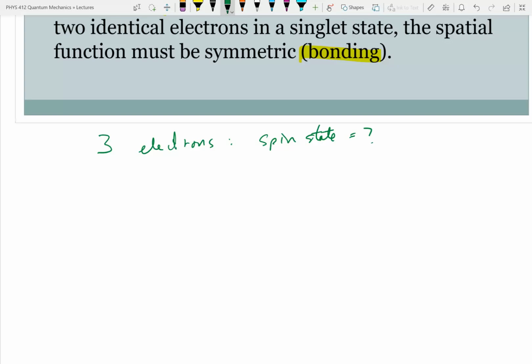What would you do with 3 electrons? Well, they would end up being indistinguishable, right? We're talking about 3 indistinguishable. If they're distinguishable, then it's easy. Psi A, psi B, psi C, we're multiplying together and we're done.